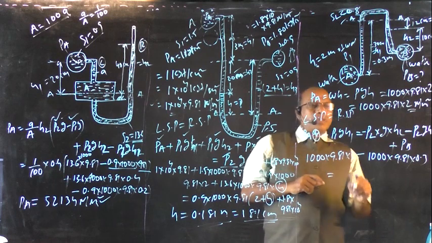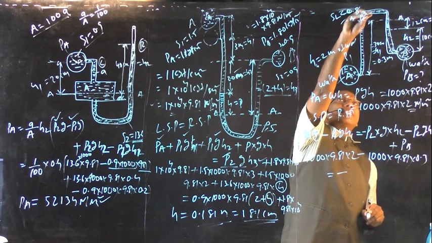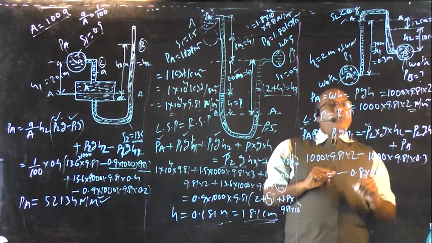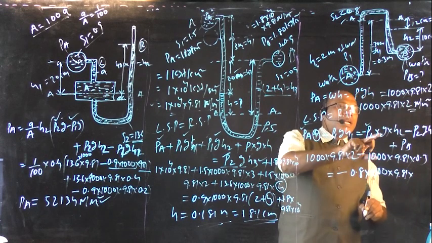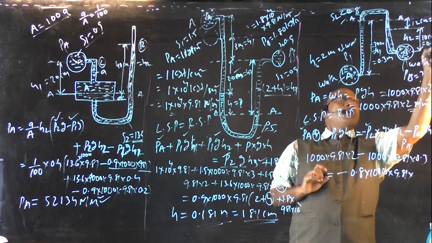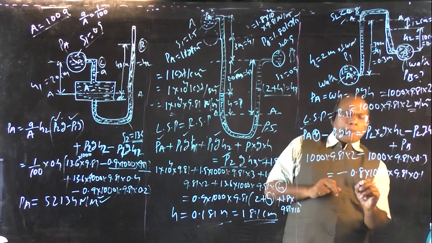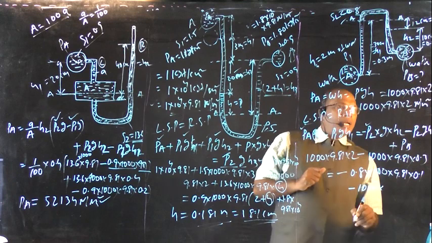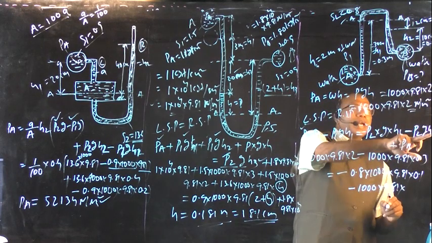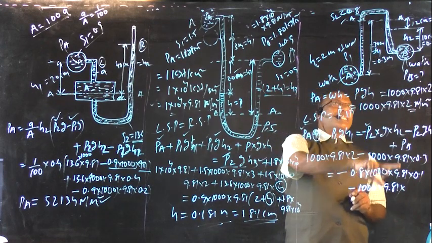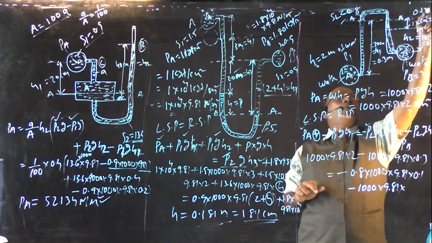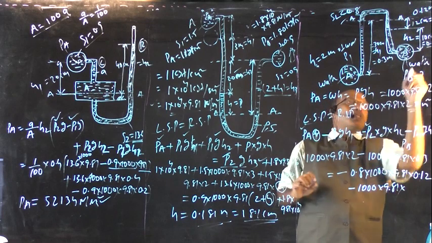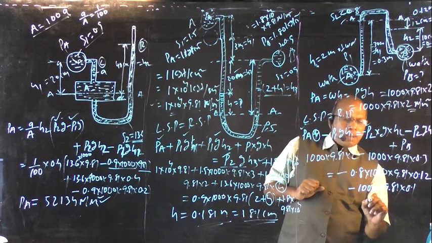Minus ρL, the density of the manometer liquid, which is the specific gravity 0.8 into the density of the standard liquid 1000, into g, 9.81, into HL, the level of 12 centimeters, that is 0.12 meters. Minus ρ2, the density of the flowing liquid, here also water, 1000 kg per meter cube, into g, 9.81, into H2, the level of the liquid in pipe B, 10 centimeters, that is 0.1 meters, plus PB.